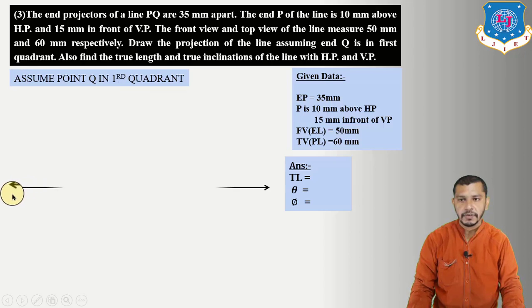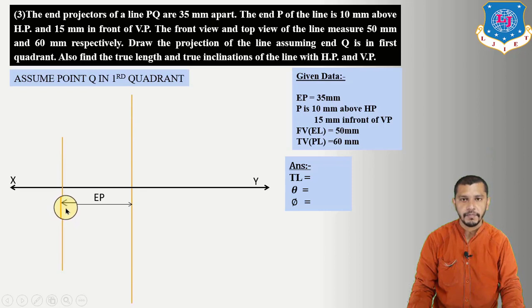Assuming Q in the first quadrant, we will draw the projection of the line. First of all, draw the XY reference line, and as this is an example of end projectors, first of all mark the end projectors, which is 35 mm. After marking the end projectors, let us find out the plan and elevation of point P. So P is 10 mm above HP. So 10 mm above the XY reference line, we will get the locus of P dash, and it is 15 mm in front of VP.